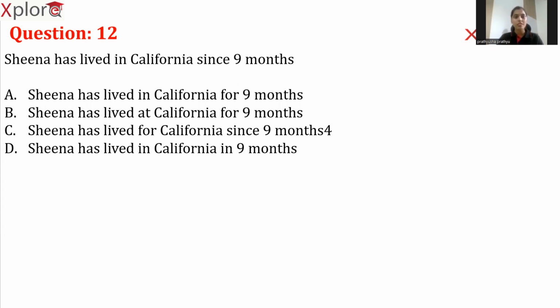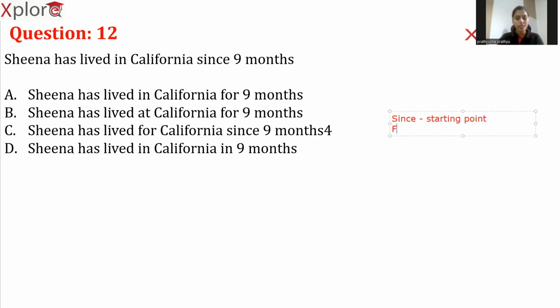So the term since talks about the starting point, and usually there is no ending for that particular action. Now, when do you use the term for? For is used when you are talking about a time period. So you use since for defining the starting point of an action.